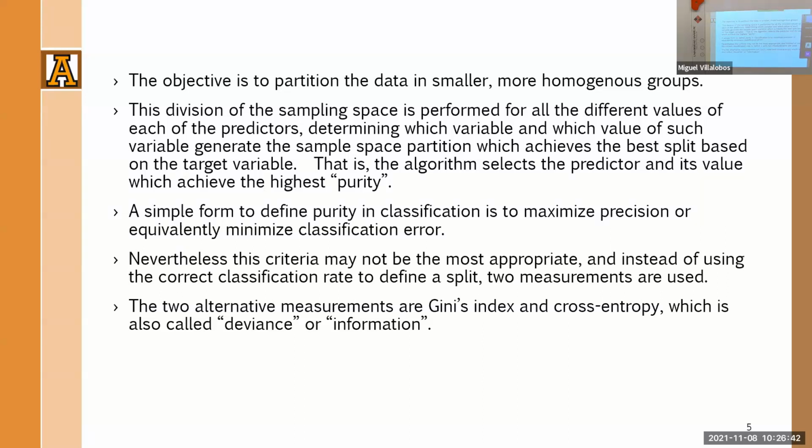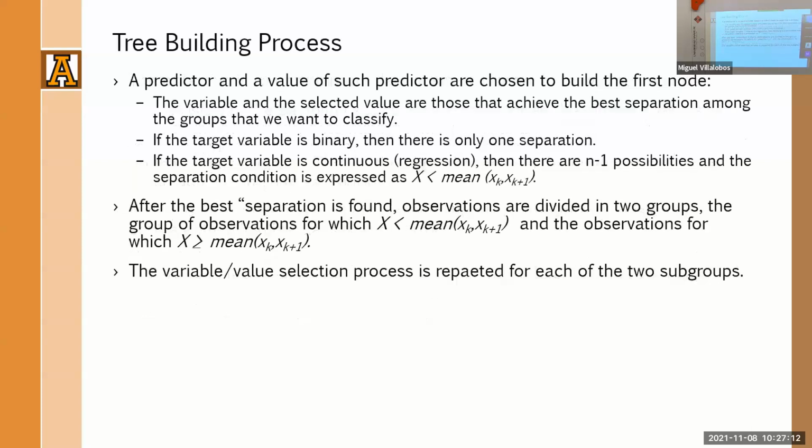So Gini's index is something that sociologists and economists use to measure unequal economic opportunities. That's essentially what it measures. This is very similar. It's the same idea. The more inequality I have, the smaller the Gini index is going to be, and that's a more pure node. Okay. So that's one of the measures.